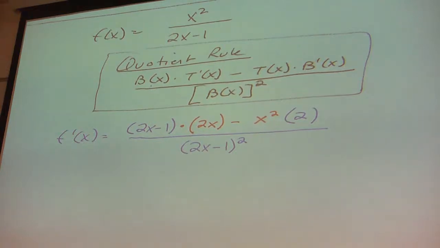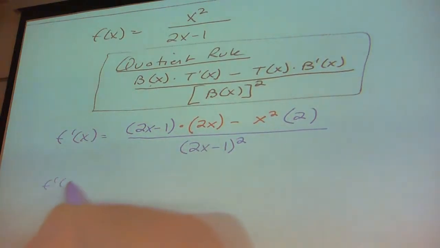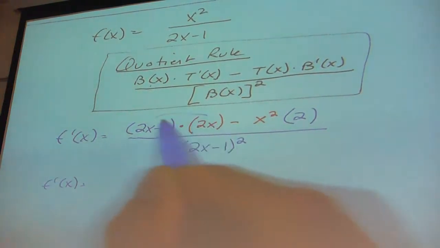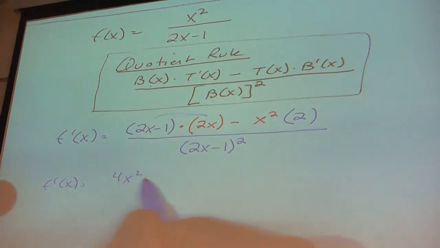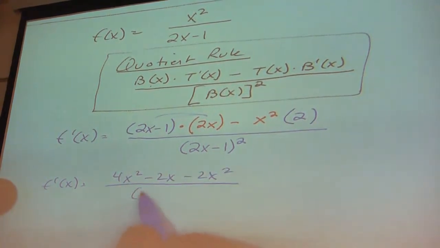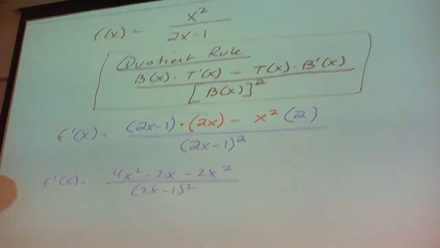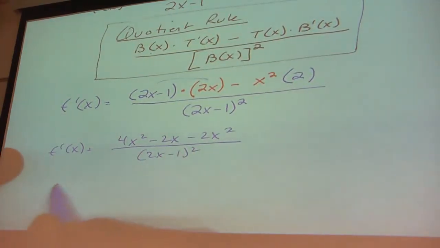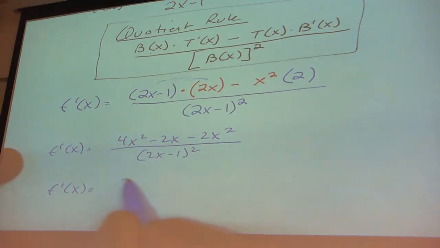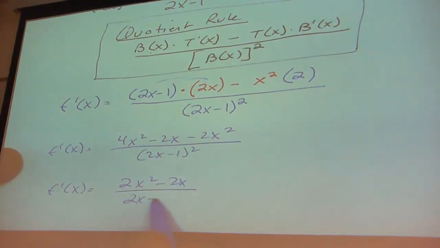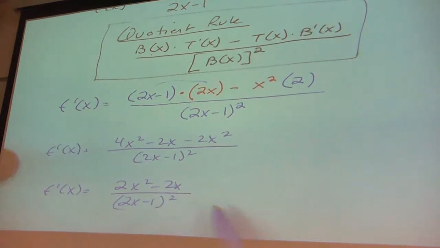So, to clean up the numerator, distribute the 2x, you get 4x squared minus 2x squared over 2x minus 1 squared. And then your final answer will be 2x squared minus 2x over 2x minus 1 squared.